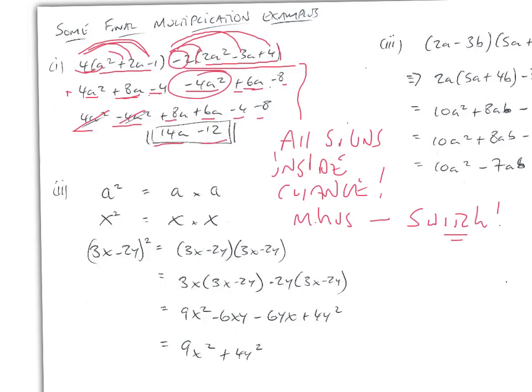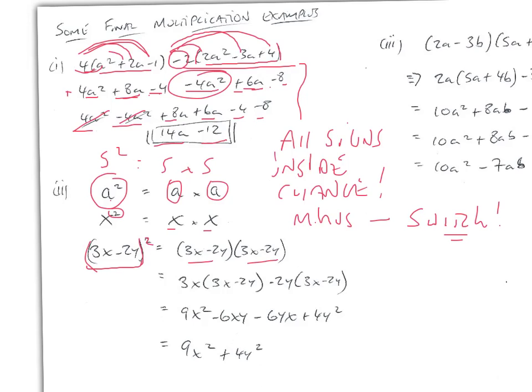Okay. Now, let's look and recall this. Let's remind ourselves. A squared can be rewritten as a times a, and 5 squared even can be written as 5 times 5. X squared can be written as x by x. So it's logical to assume that something like an expression 3x minus 2y all squared can be written as 3x minus 2y times 3x minus 2y.